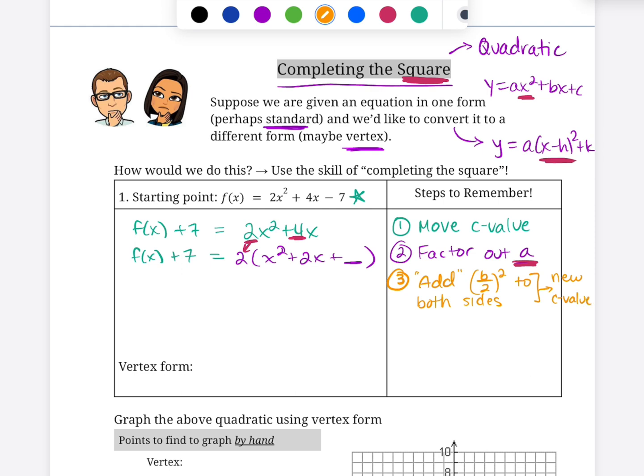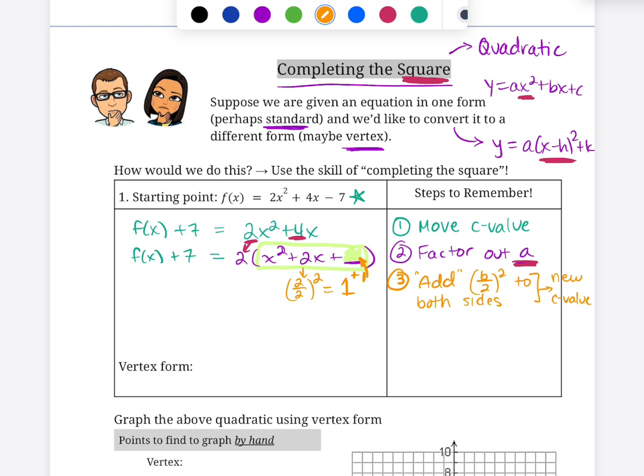Our goal is to make this a perfect square trinomial. In order to do that, the number that goes here has to be the perfect square we need to make this some quantity squared. What is that number? In this case, b is 2, divided by 2 is 1, squared is 1. So we are adding 1 right in here in these parentheses.